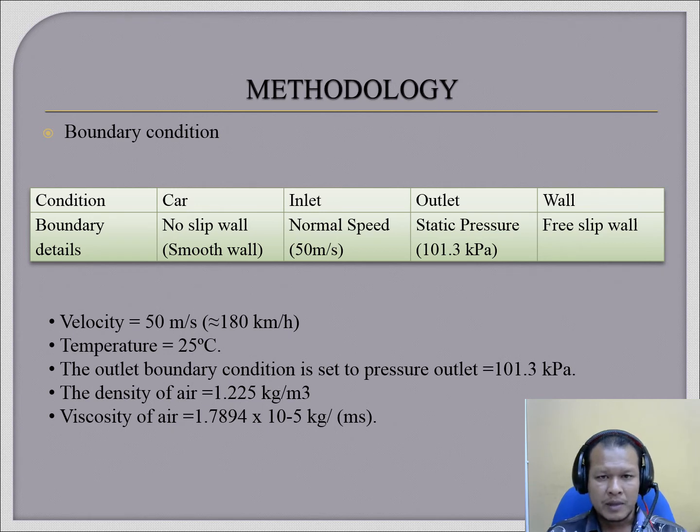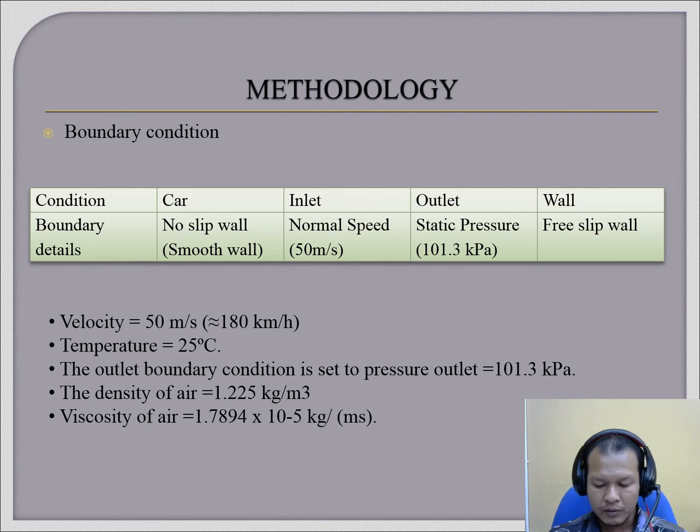Then the analysis was done in CFX, but we need to set the parameters for the analysis. The parameters are as shown in the slide. We set them depending on the domain. The domain type of the wind tunnel is set as fluid type.